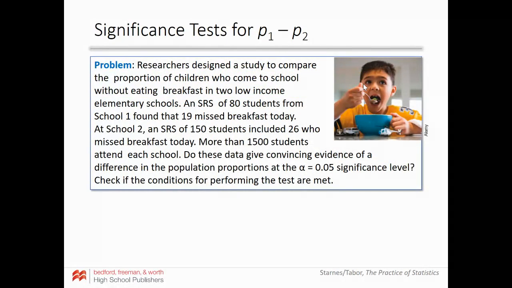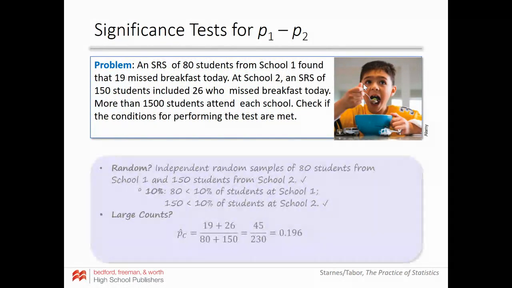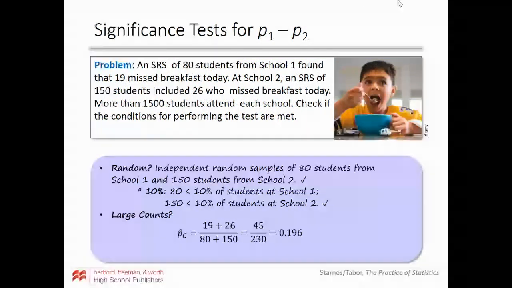So back to this example. Are they random? Well, it said an SRS of 80 students from school 1 and an SRS of 150 students from school 2. So we're good there. Is it 10% good? They stated that there's more than 1,500 students at both schools. So yes, 150 is less than 10% of 1,500, and 80 is also less than 10% of 1,500, which is the minimum that they told us.